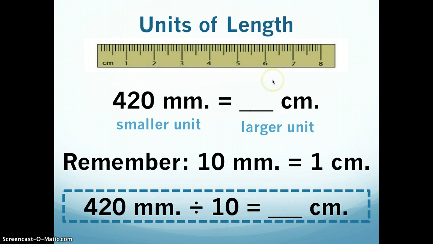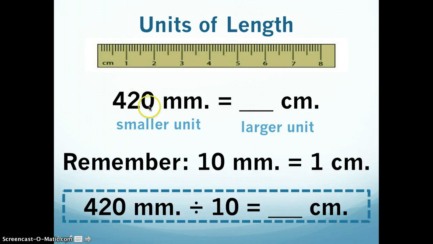Let's take a smaller unit like a millimeter, and let's try to figure out what the larger centimeter unit would be. So if I have 420 of those teeny tiny chain links, how many centimeters would that be? So if we're going from a small unit to a large unit, we have to divide.